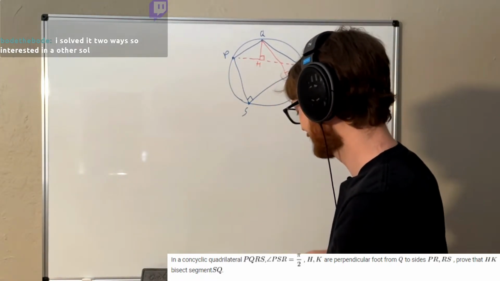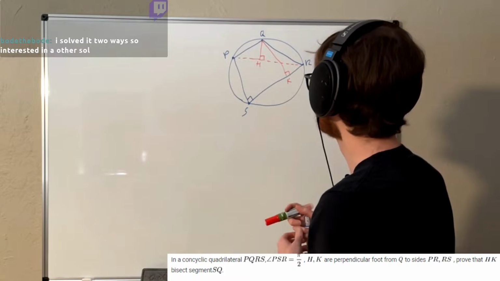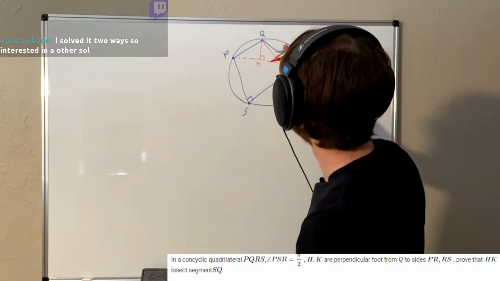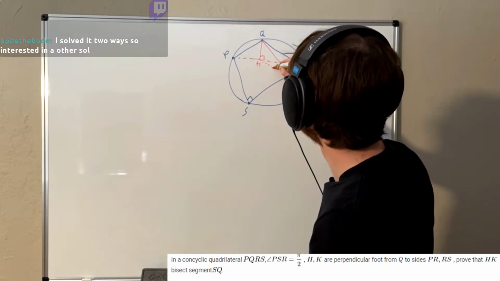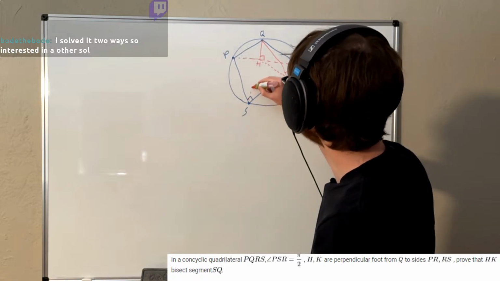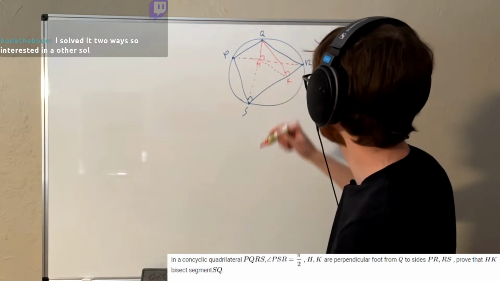HK bisects SQ. That's probably misleading to connect those two.